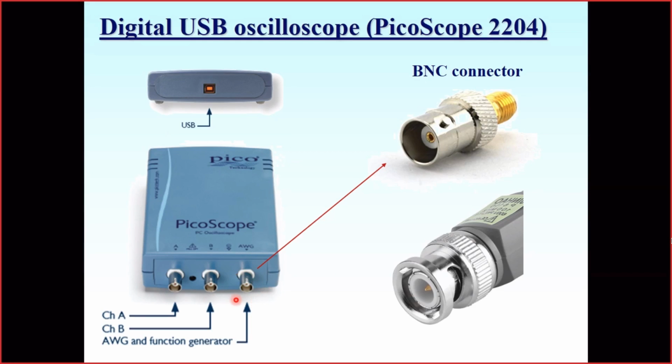The third connector is an output connector for the waveform and function generator. It could produce a sine wave, a square wave, a triangle wave, and we may even provide a set of data for this generator, and it will generate a signal of our own shape.